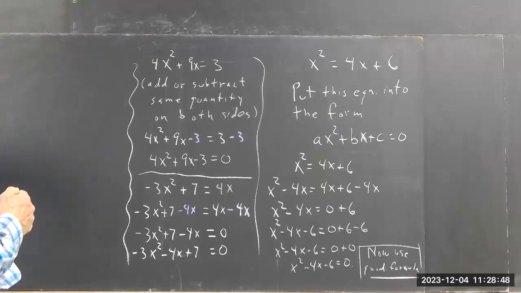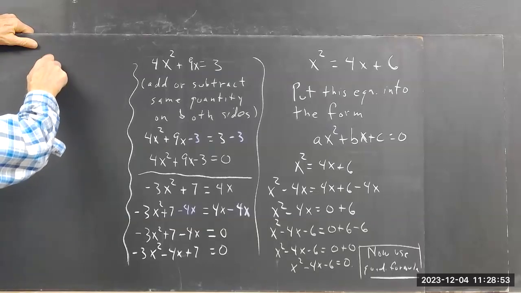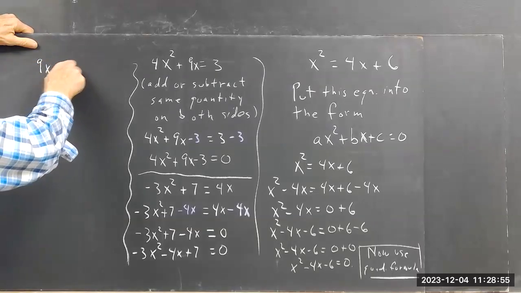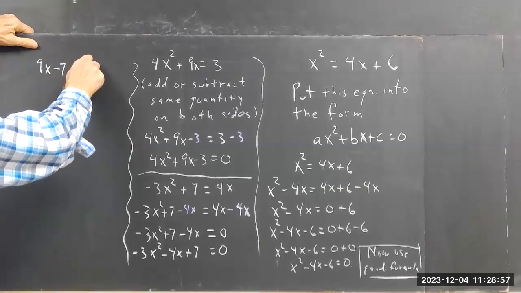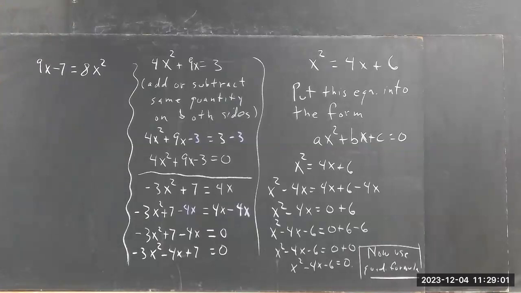But, okay, so let's say we've got 9x minus 7 equals 8x squared, and we want to get 0 on the right-hand side.